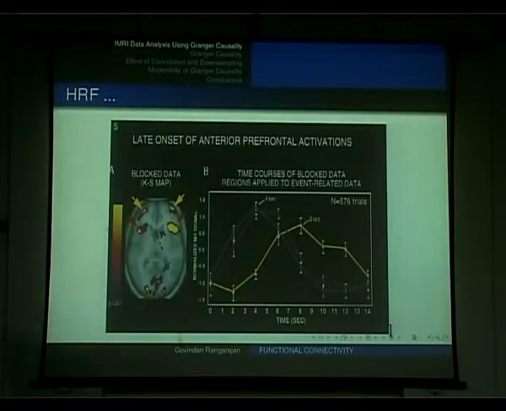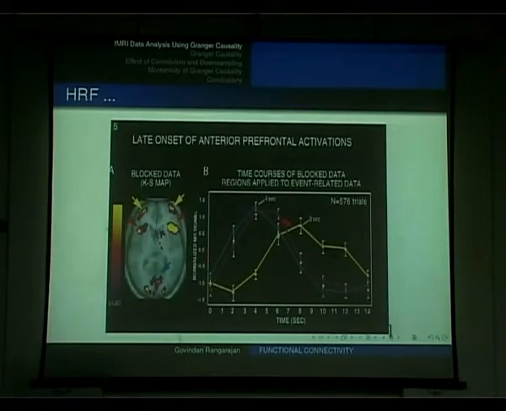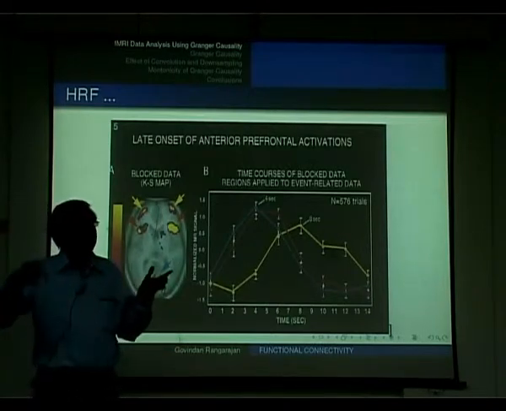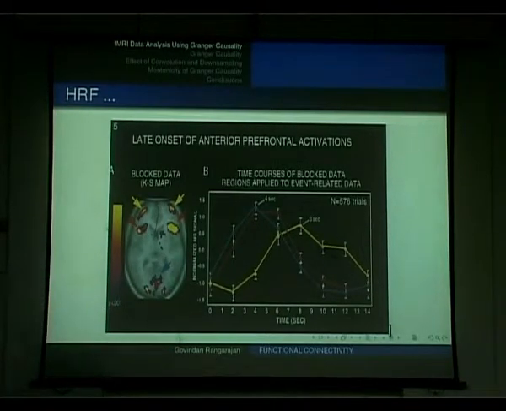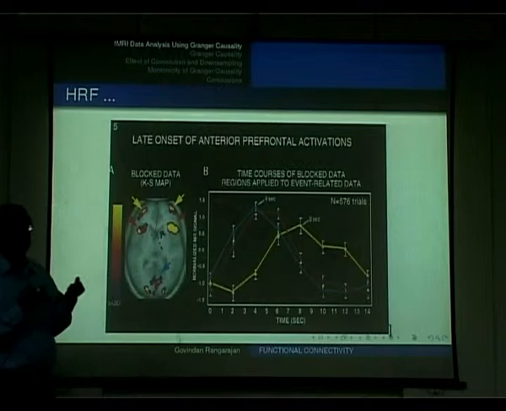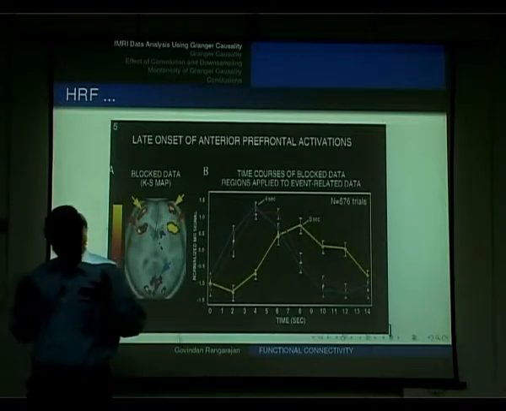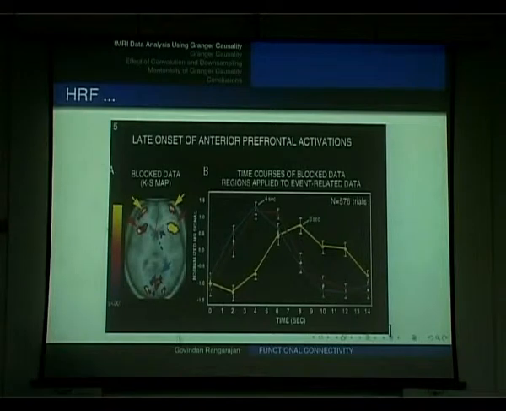One of the main issues which complicates the use of Granger causality for fMRI data is that different regions can have different hemodynamic response functions. That is, these hemodynamic response functions can peak at different times in different regions of the brain. You can imagine this can cause problems in applying Granger causality, because for Granger causality or any causal analysis, the time flow is very important: what occurs first, what occurs next, and so on.